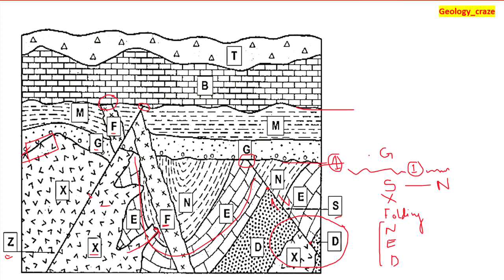Why I put B is literal: B is not positive, just after the M, because these intrusions are not extending in B, and this fault is also not extending in B. So it means B was deposited after these two things happened.